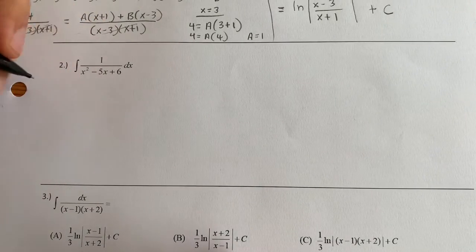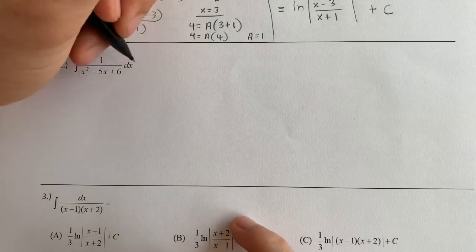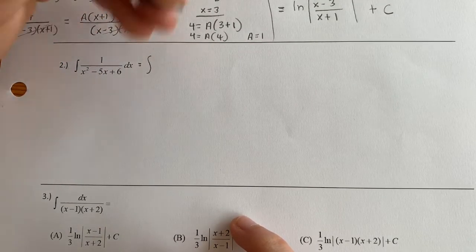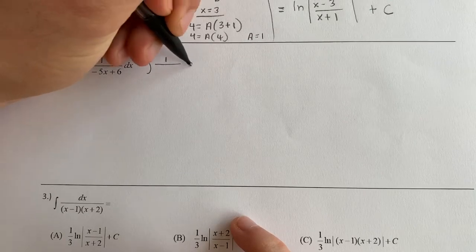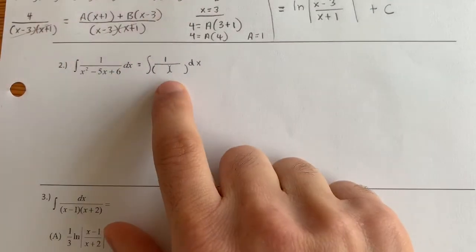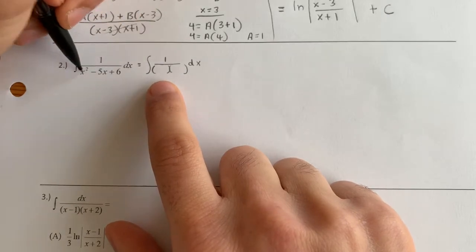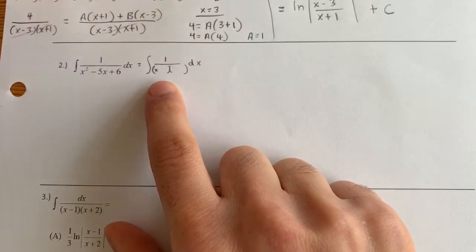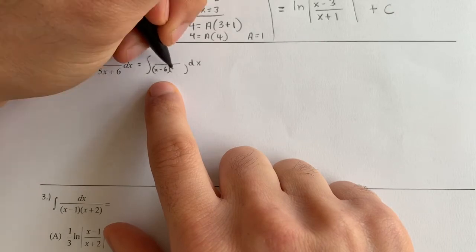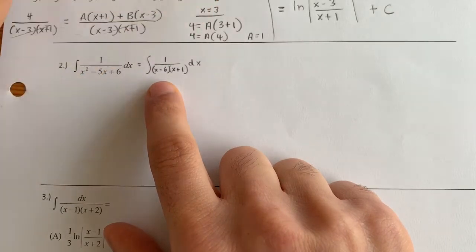Okay, so I'm gonna try and do number 2. I first see that I have the trinomial, but it needs to be factored first in order to separate the parts into partial fractions. So this would be x minus 6, x plus 1.